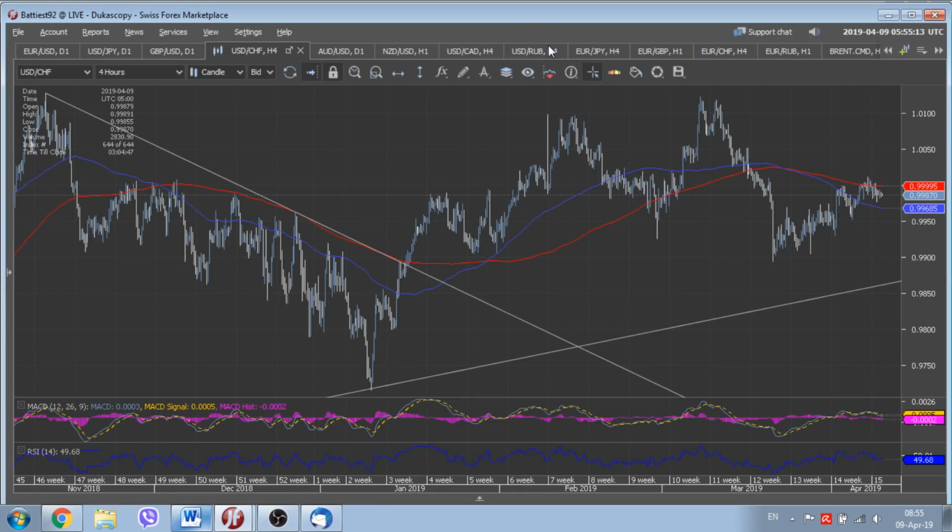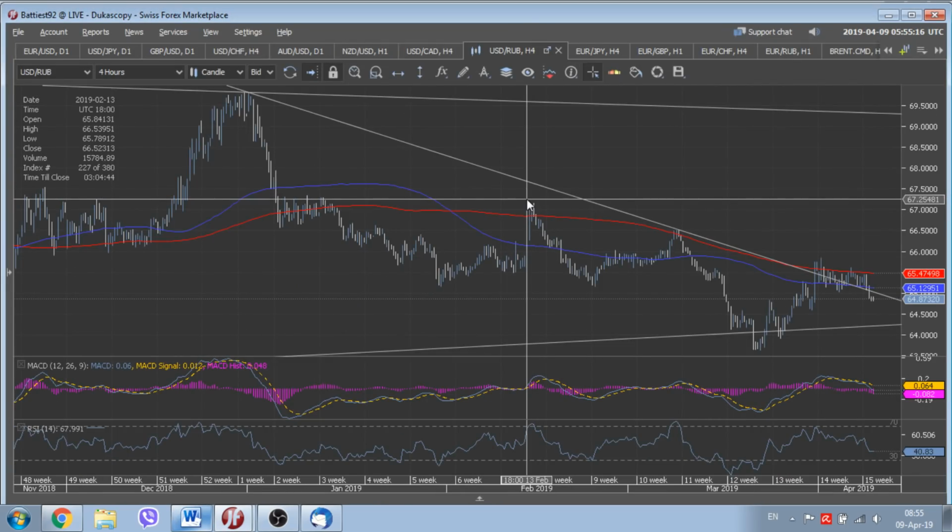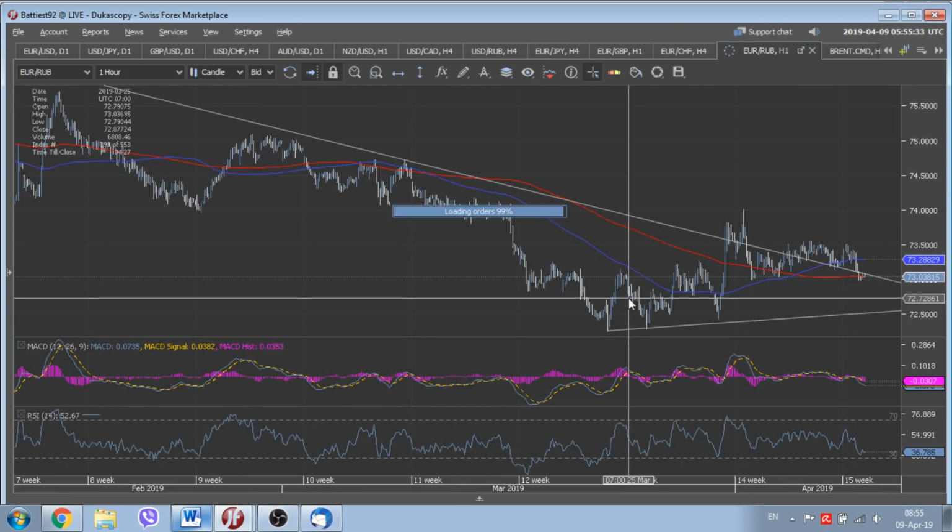As regarding the Russian ruble, probably it's a little bit premature to sell in expectation of a further extension to the upside for the Russian currency, because of the current surge in world oil prices, and the same applies, by the way, to the euro ruble.